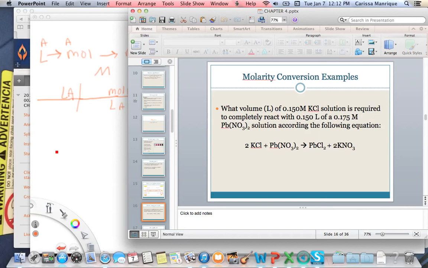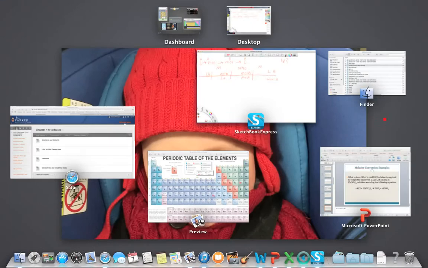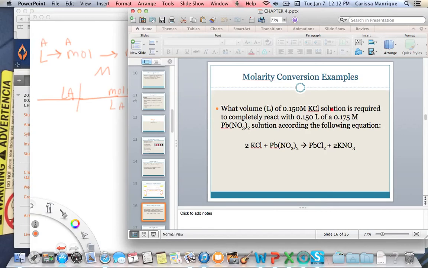So I'm going to put it up here in the corner. We want liters of B, question mark. We don't know what that is, because that's what it asks for at the very beginning of the problem. What volume? To completely react with 0.15 liters of lead nitrate.